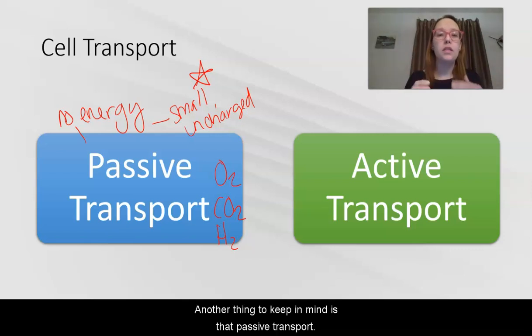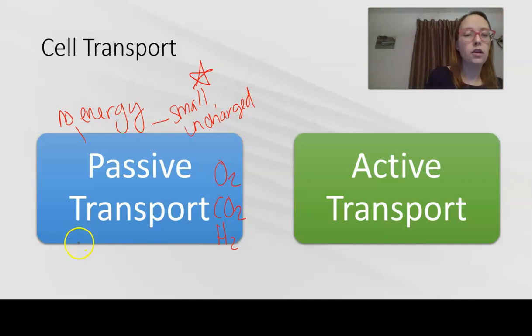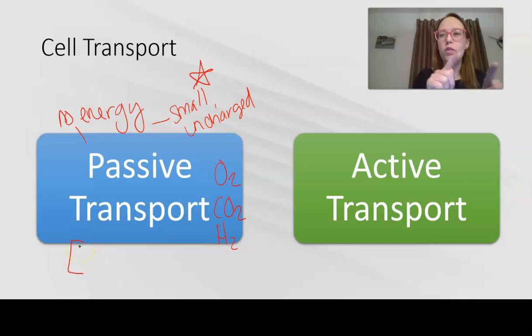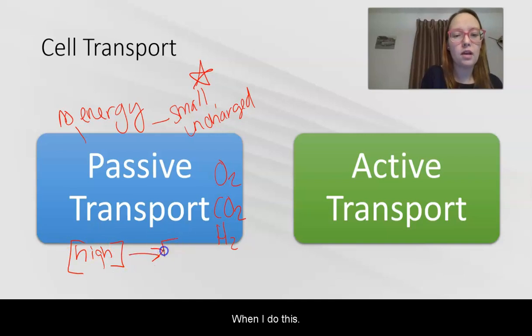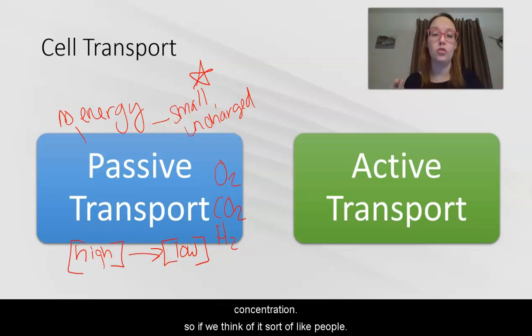Another thing to keep in mind here is that passive transport occurs from areas of high concentration to low concentration. So I'm going to abbreviate concentration with brackets. So when I do this, those little brackets, it means high concentration to low concentration.